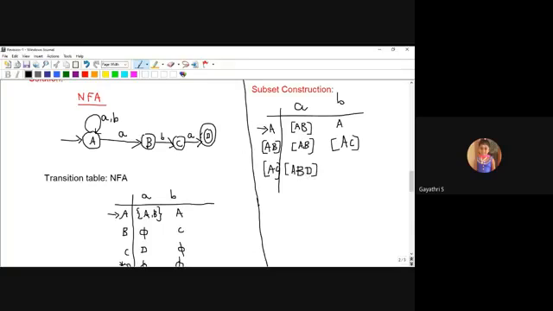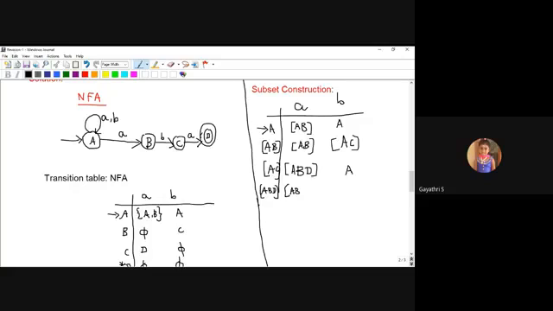What about AC on B? So A on B is A, C on B, there is no transition. Okay, so A only. So new state is added which is A, B, D, right? A, B, D, a new state. So ABD on A means A on A which is AB.